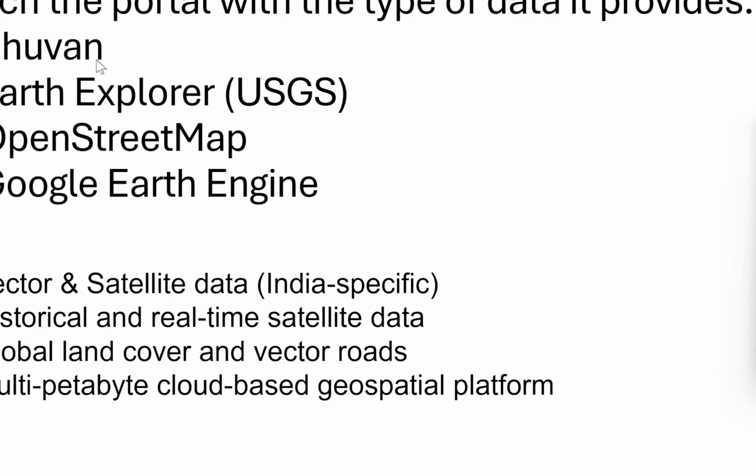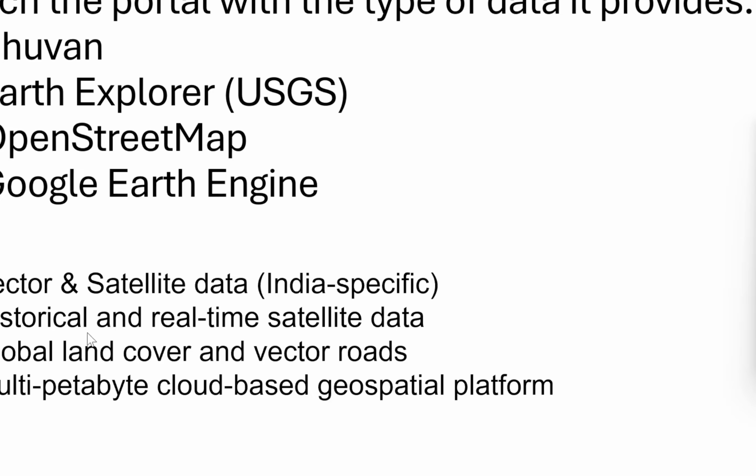There is one called Bhuvan, another is Earth Explorer, which we just explored, there is OpenStreetMap, which you use in your mobile phones, and there is Google Earth Engine. So you have to match 1, 2, 3, 4 with A, B, C, and D.